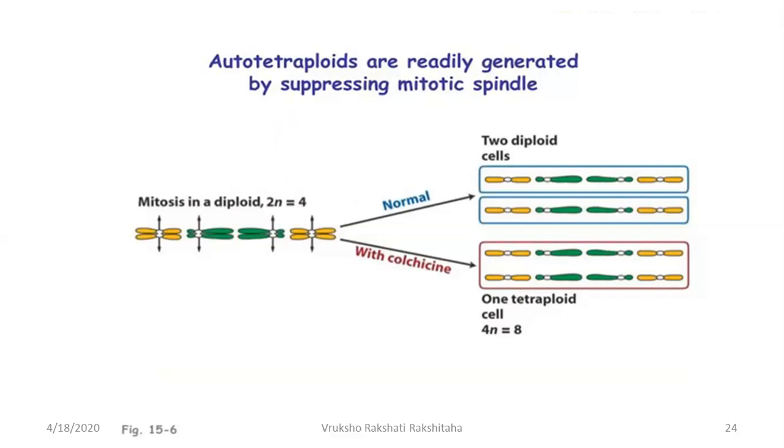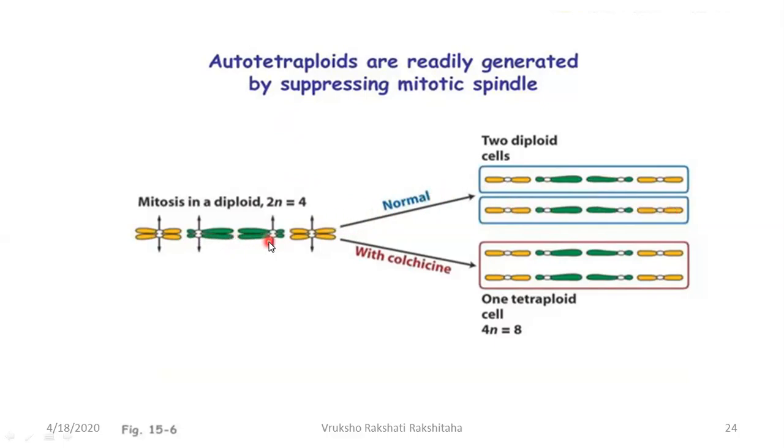So here you can see it is having 4 chromosomes. Under normal conditions, each of the 2 daughter cells will get an equal number of the chromosomes. That is, this daughter cell gets 4 chromosomes. This daughter cell will also get 4 chromosomes. That is when the normal mitosis occurs.